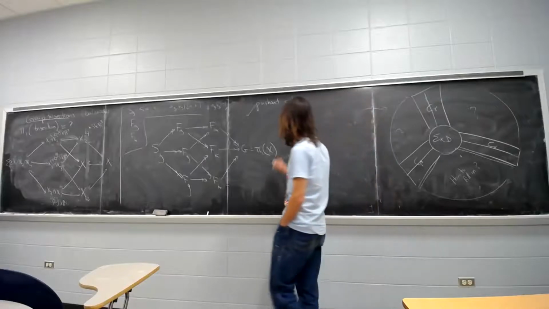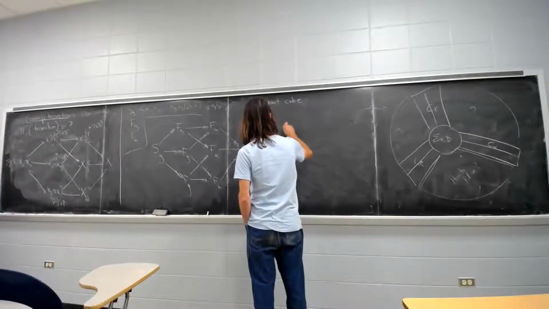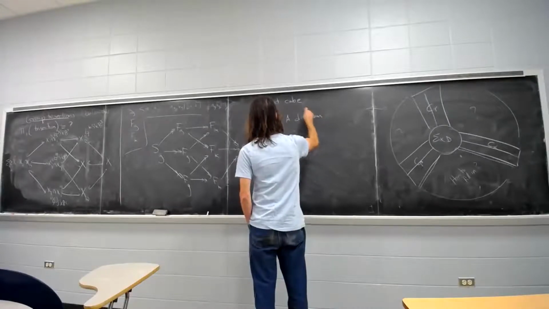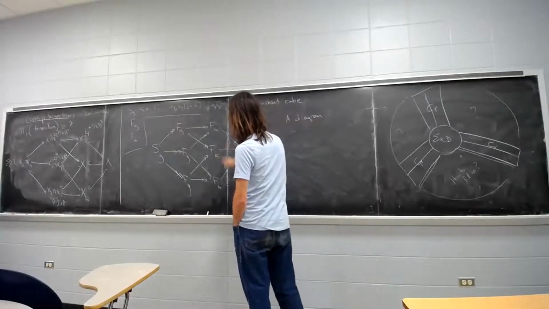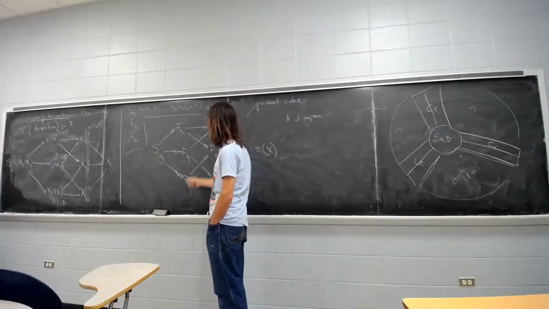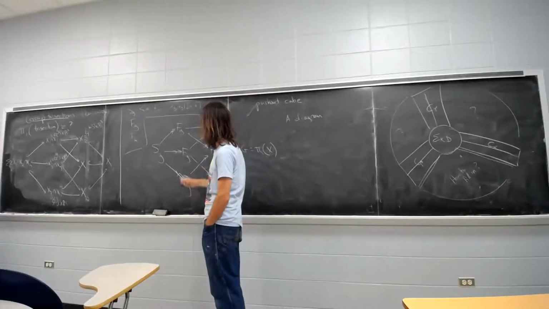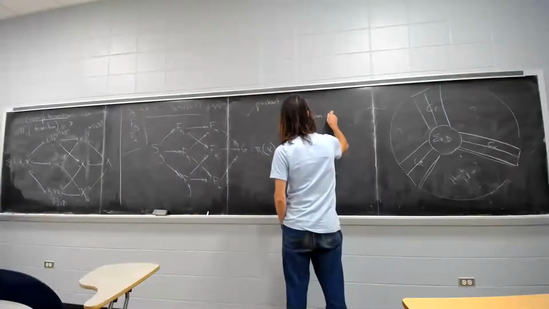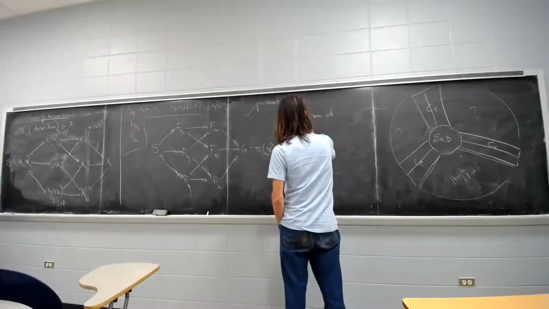Okay, so we call a diagram like this, a cube of surjective maps of this kind, where you have free groups of some rank g, and these are free groups of some rank k, starting with a surface group of genus g, a diagram of surface groups of maps.